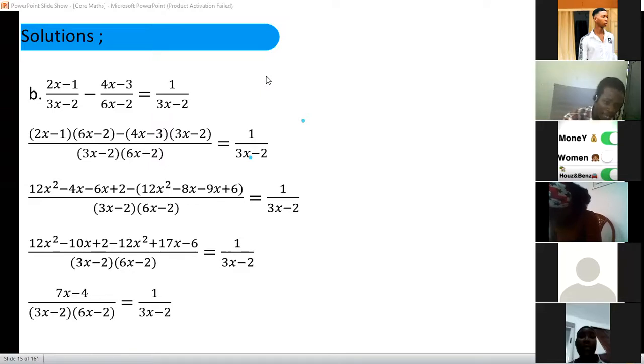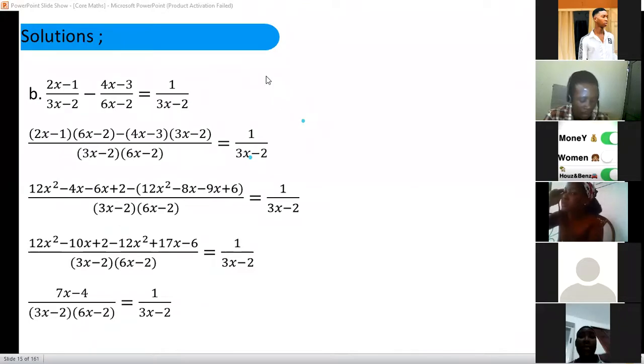I said we are adding 3 over 4 plus 7 over 5. So we learned how to add fractions. We did this in the real number system, and a similar thing applies in algebraic expressions.